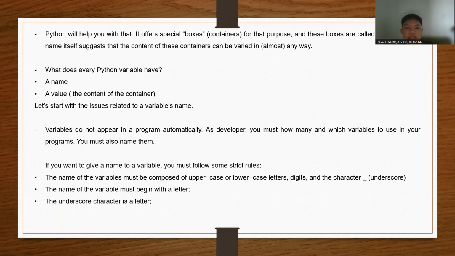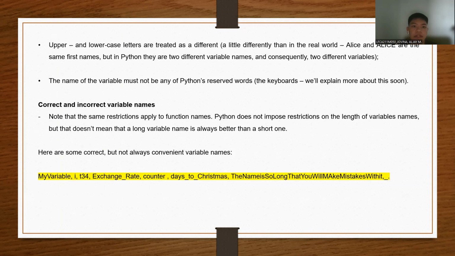So in this part, if you want to create a variable, you need to follow these rules. Like you can use lowercase or uppercase letters, digits, underscore characters, etc. Next, upper and lowercase letters are treated as different, a little differently than in the real world.